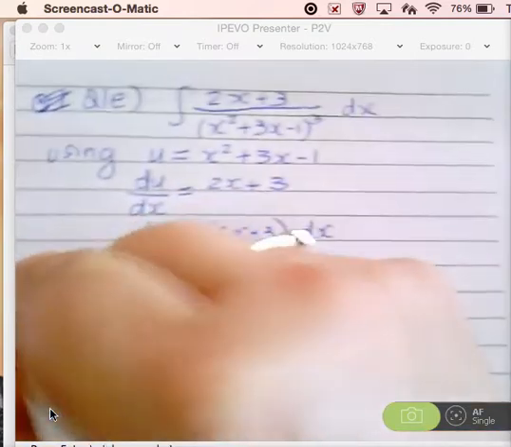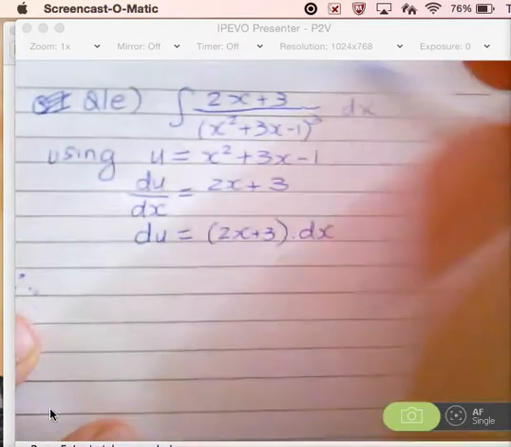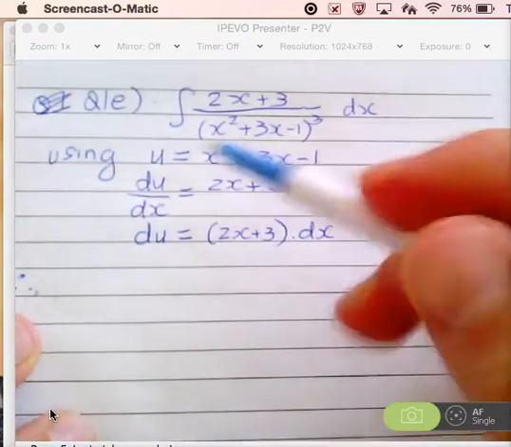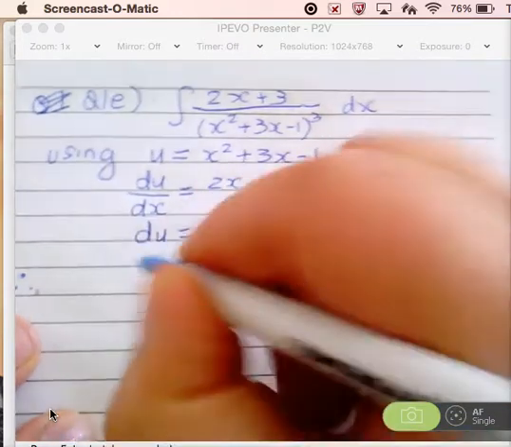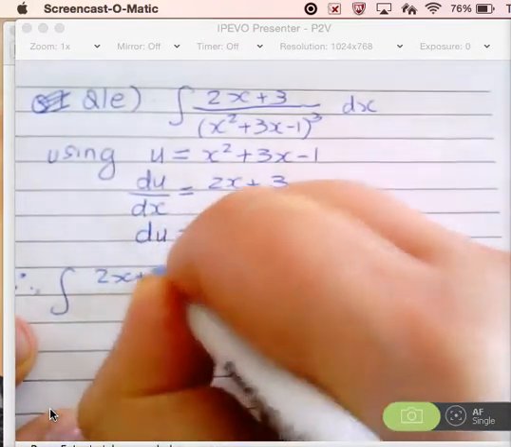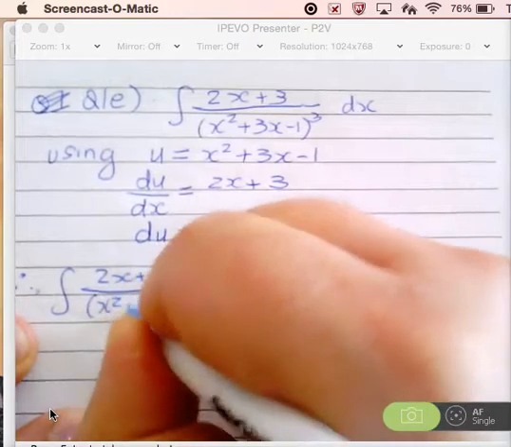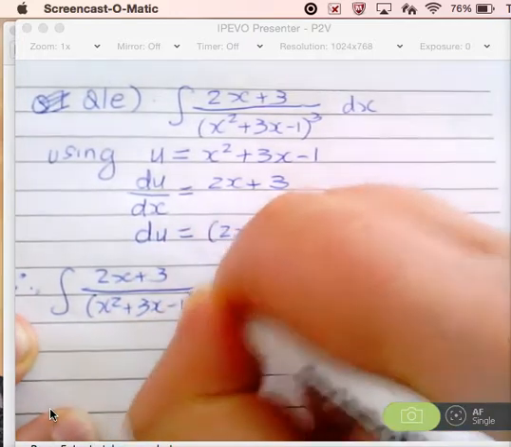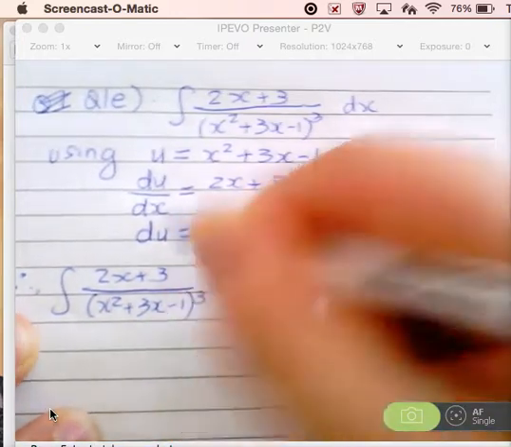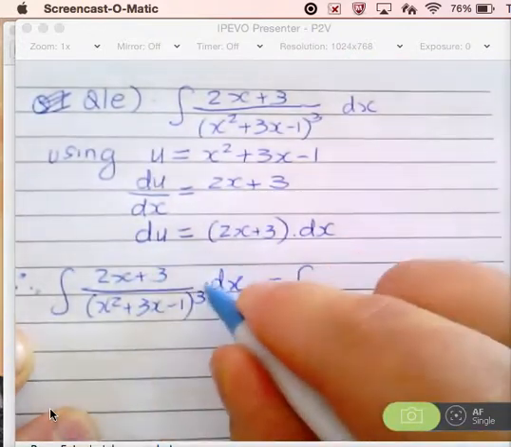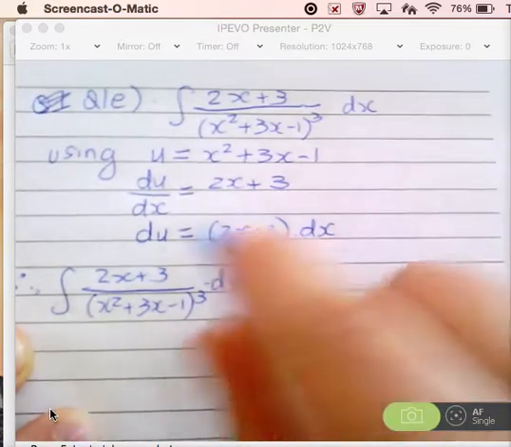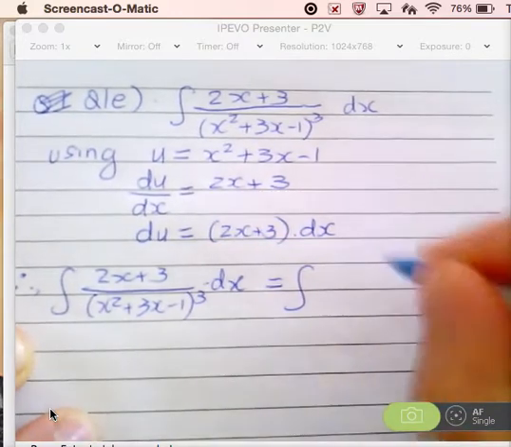If I go back to that first one, do it like that as well. Just come up with an expression for du next time. So this (2x + 3) over (x² + 3x − 1)³ dx. The dx is on the numerator and so is the 2x + 3. The (2x + 3) times dx can be replaced with a du, so I'll put that at the top.